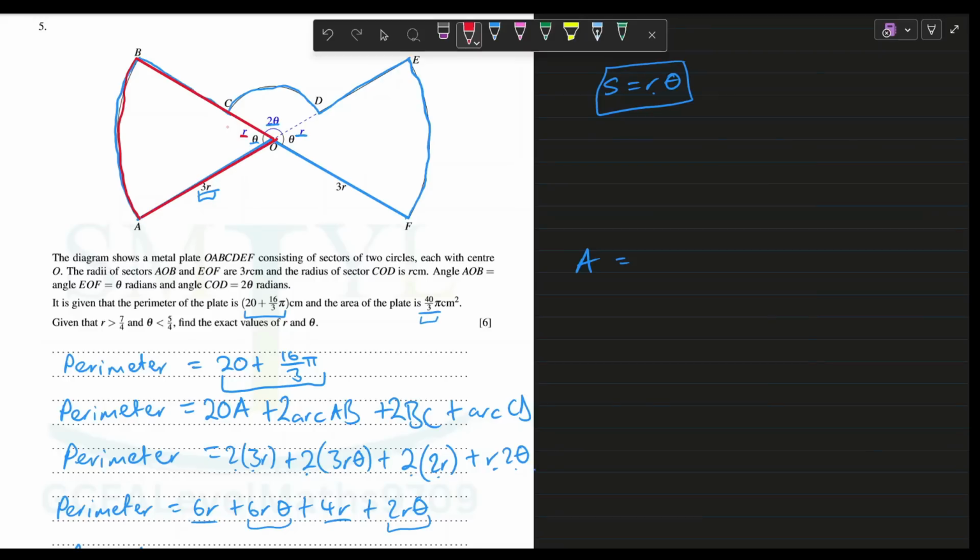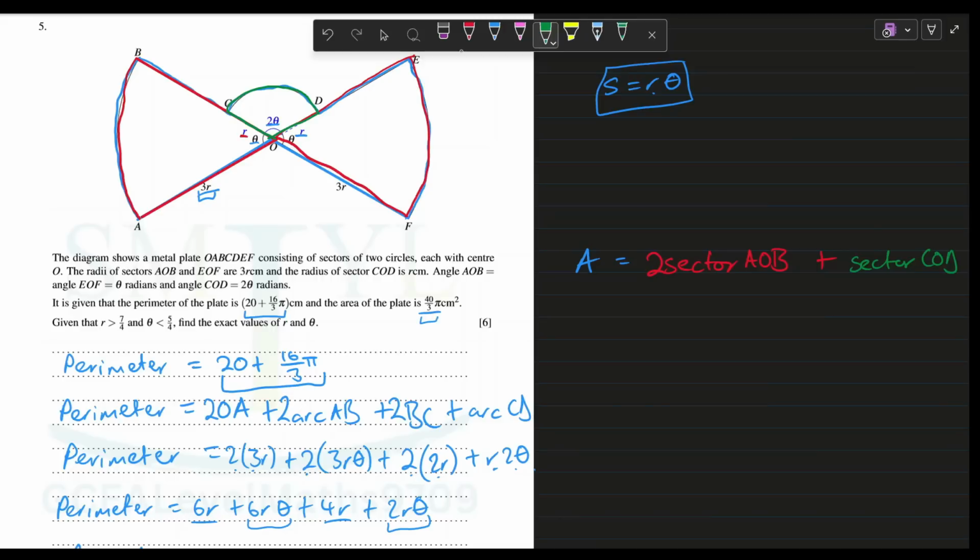And it's going to be the same as the sector EOF. So we can say that the area of our large metal plate is 2 times sector AOB, because AOB plus EOF is the same as 2 times sector AOB. Then we're going to have our small sector OCD, so that's plus sector OCD or COD if you will.